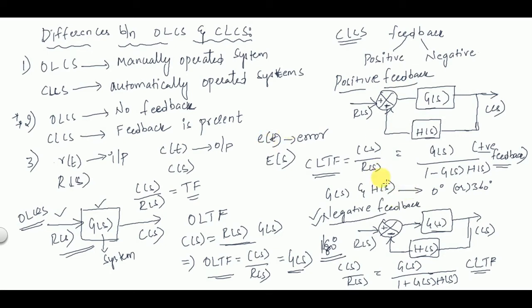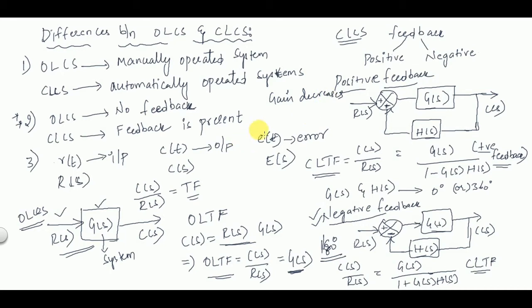So generally we'll use negative feedback, and the only disadvantage of negative feedback, when compared to the open loop transfer function, is this. The gain in open loop is G of S, the ratio of output to input, and the gain here is G of S by 1 plus G of S into H of S. So the main disadvantage is that gain decreases here.